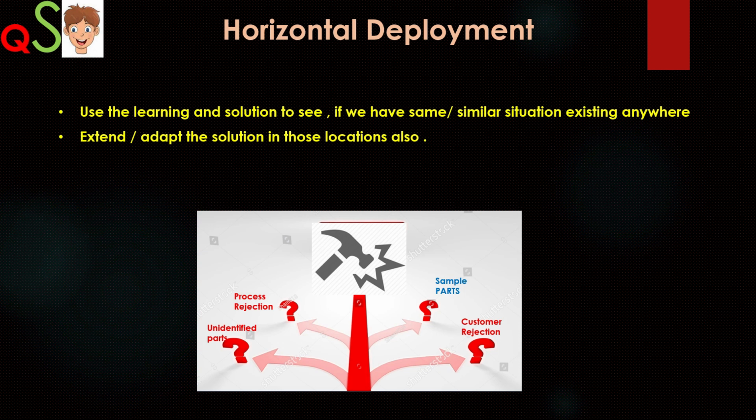For example, in this case, a similar situation could be that we have a process rejection which can get mixed. We have a rejection returned by the customer which can get mixed, or there could be many parts which are not identified, with no confirmation of their status, that can also get mixed.